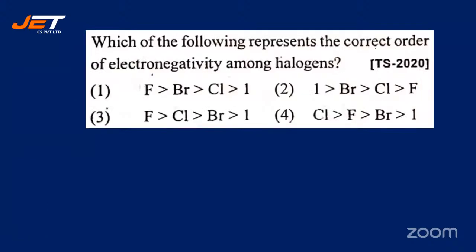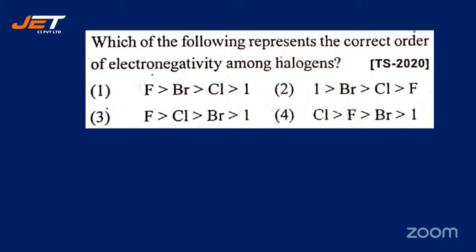Which of the following represents the correct order of electronegativity among halogens? So if you have considered the group of halogens, that is the seventh group elements, give the proper order of electronegativity. Let us see who will answer this question. Whether the first option, second option, third option, or fourth option, which is correct?